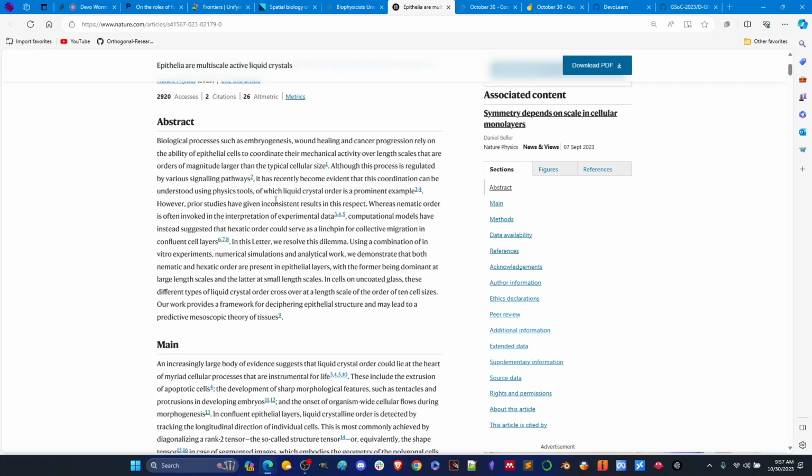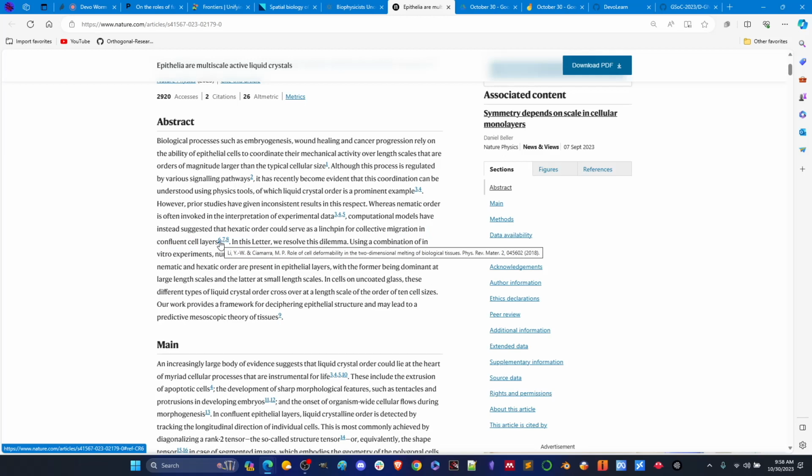They say prior studies have given inconsistent results, whereas nematic order is often invoked in the interpretation of experimental data. Computational models have instead suggested that hexatic order could serve as a linchpin for collective migration in confluent cell layers. So this is references 6, 7, and 8.